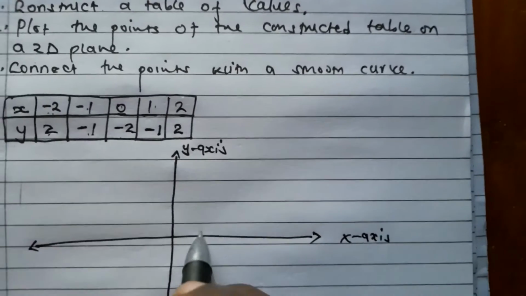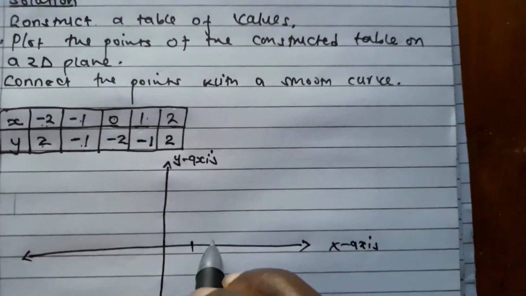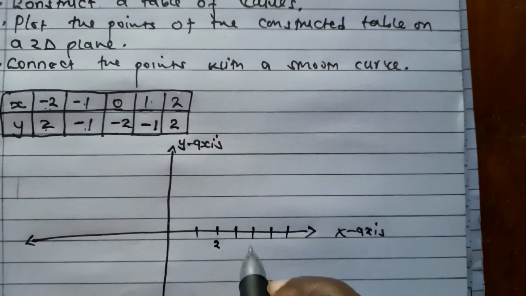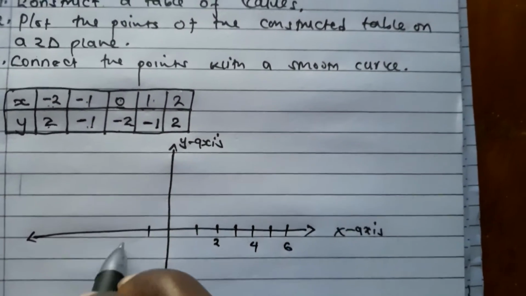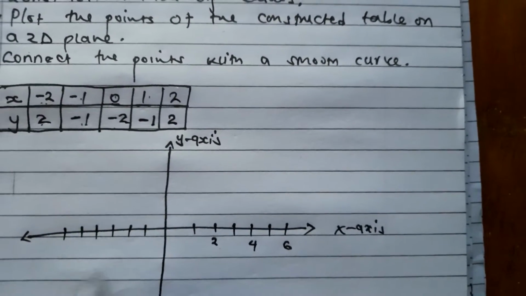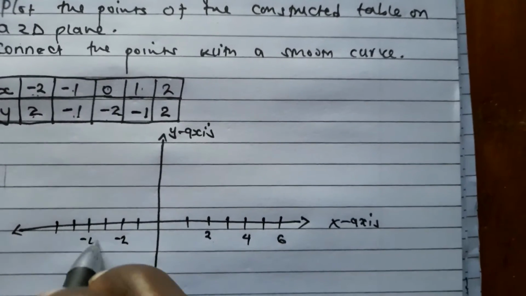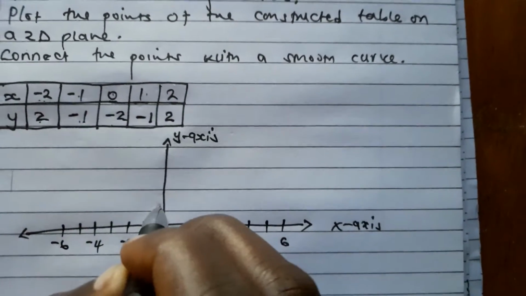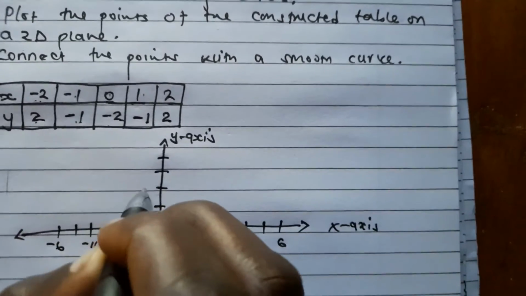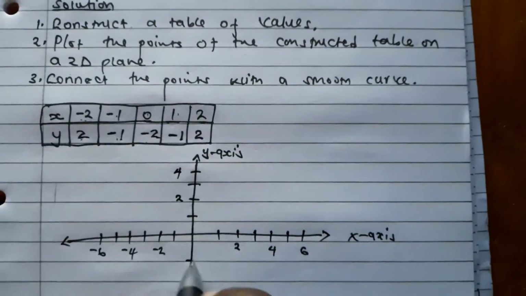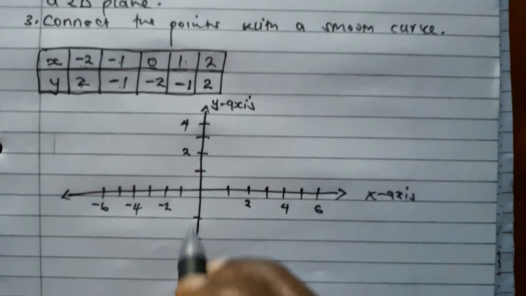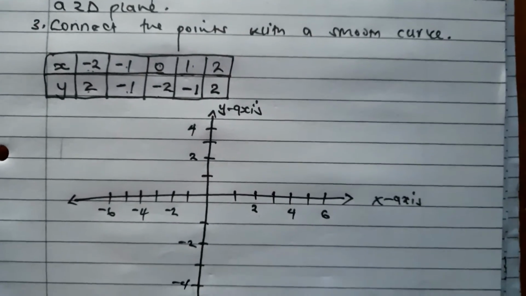On the x-axis, I can say it is 1, 2, 3, 4, 5, 6, so 2, 4, 6, -1, -2, -3, -4, -5, -6. On the y-axis, 2, 4 and -2, -4.